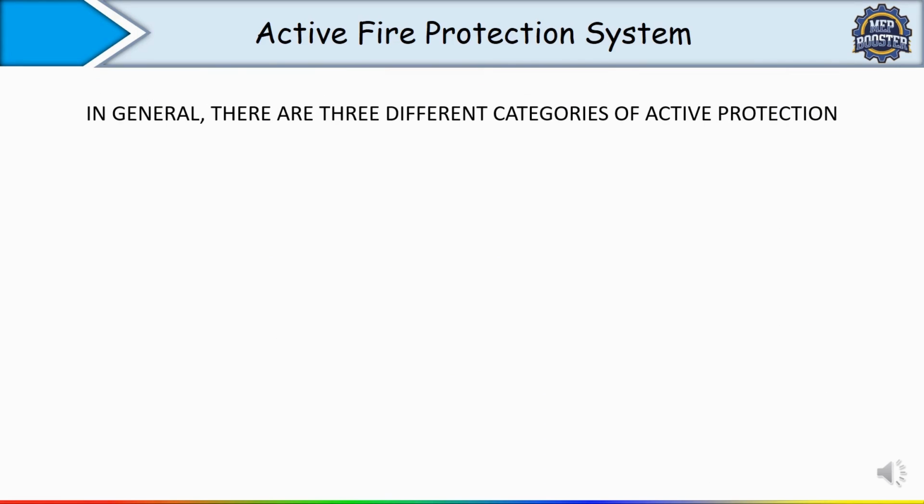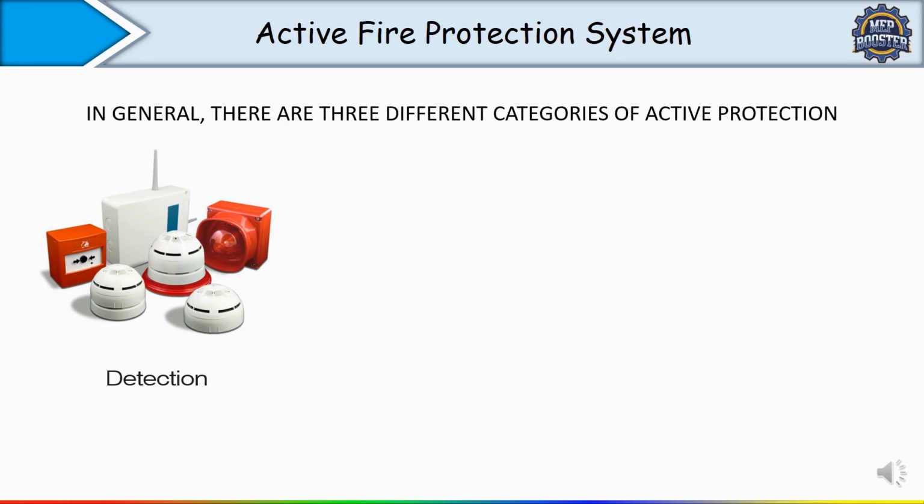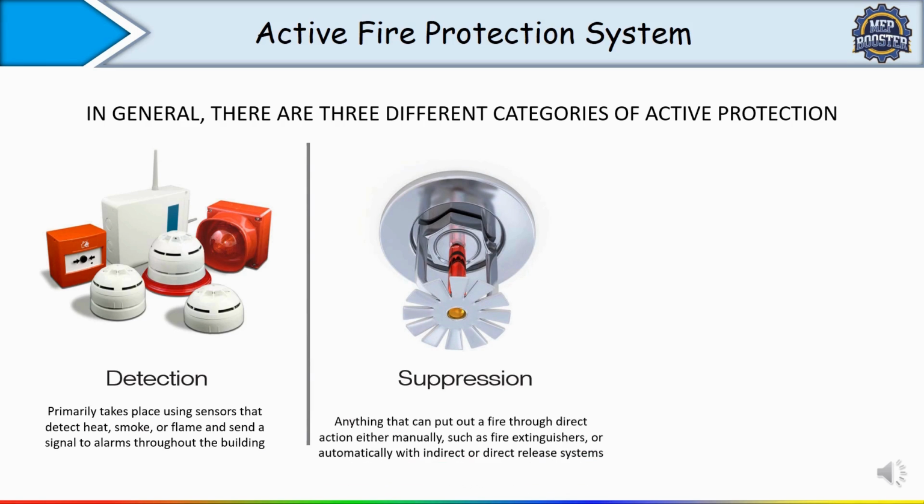So in general, there are three different categories of active protection. The first one is the detection system. Under that, smoke detector, heat detector, flame detectors and notification devices will come. Second is the suppression system.